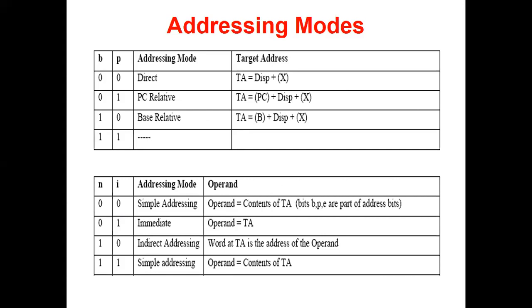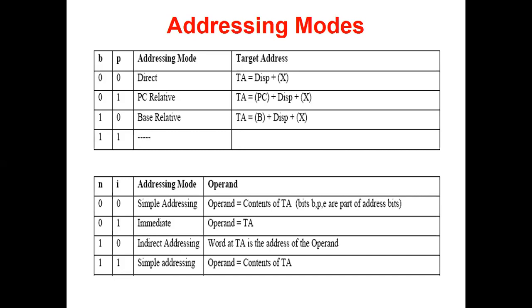So when N is 0 and I is 0, we said that is a simple addressing. Here, the contents of the target address is the required operand. But then we said that in that case, bits B, P, and E, they are the address bits.